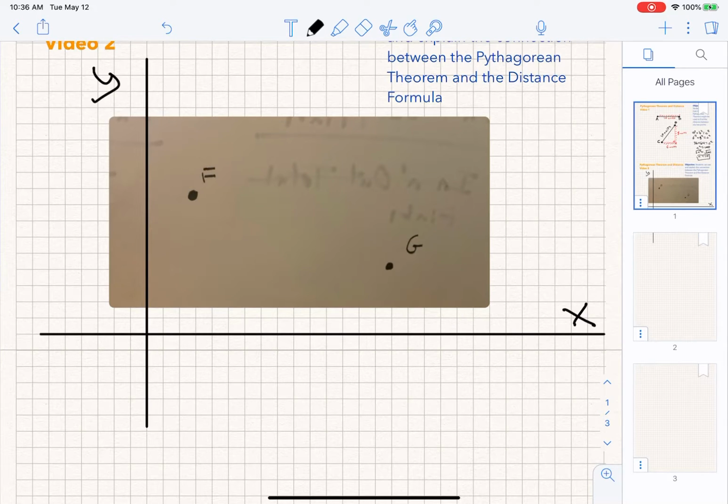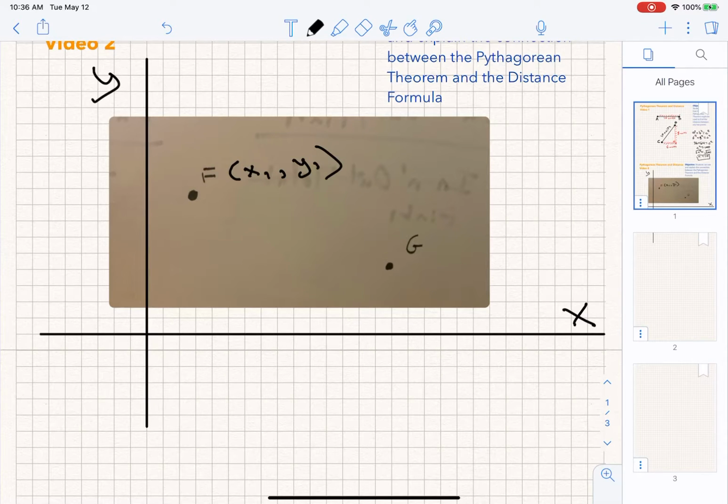And we know that, for instance, point F, which we're just going to think about as the first point here, has an x coordinate and a y coordinate: x1, y1. You might glance at it and see that x1 is maybe about 3 and y1 is maybe about 8 up, something like that.